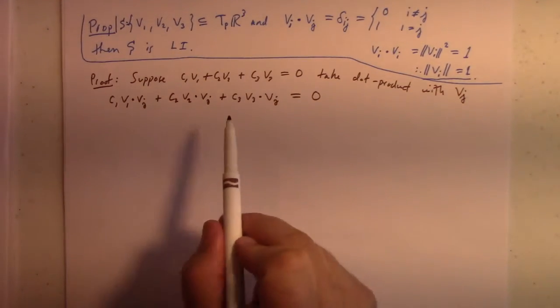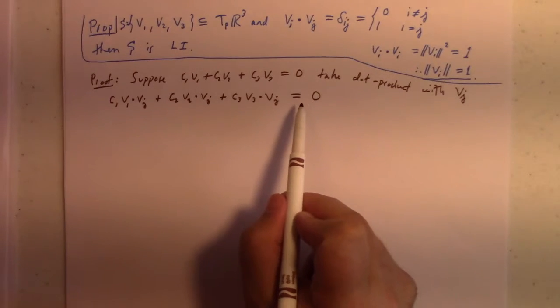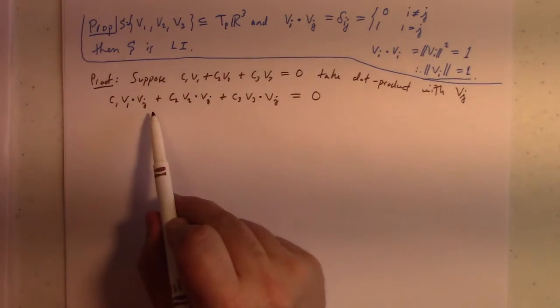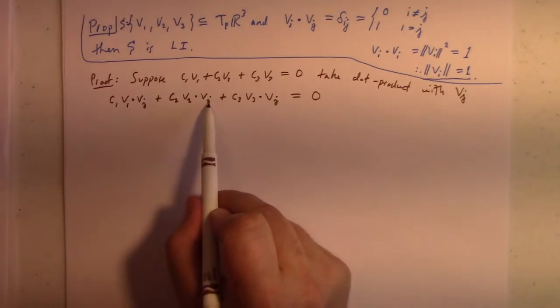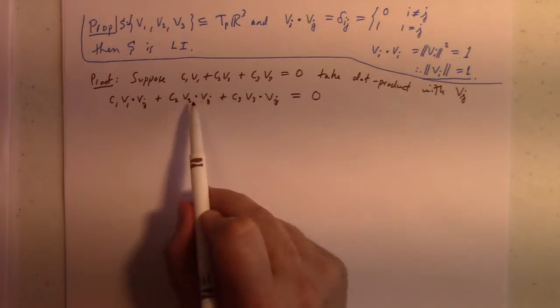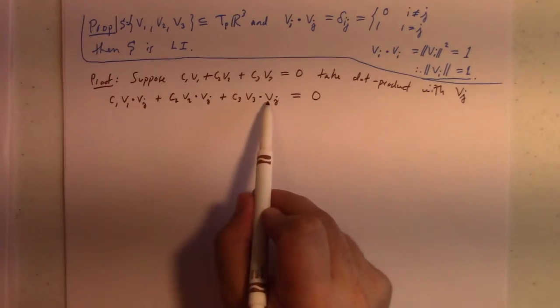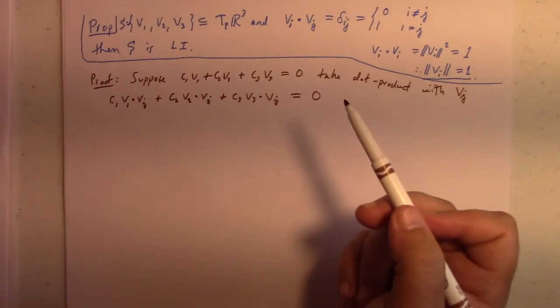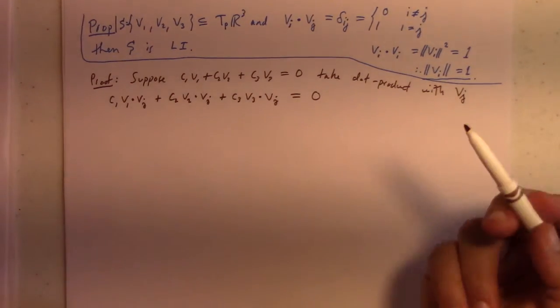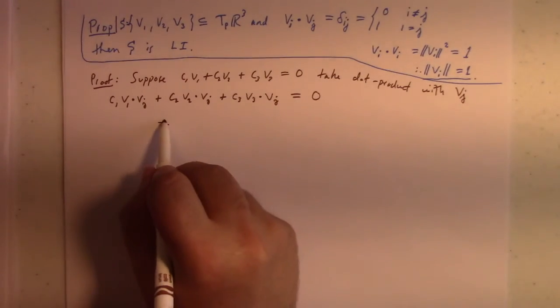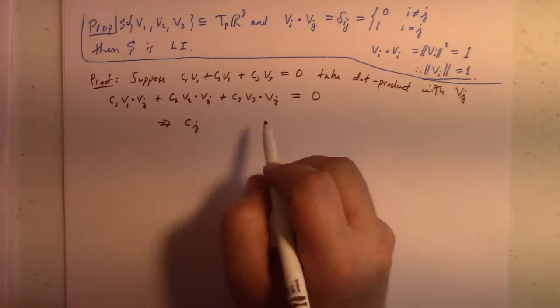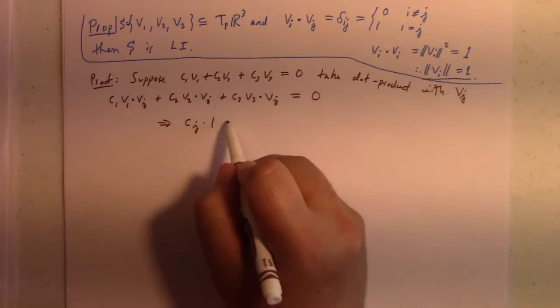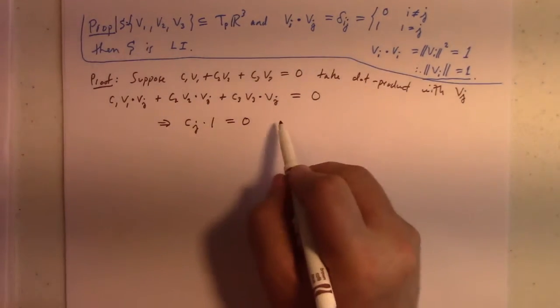All right, so there you go. Now, what survives here is only the case when j is equal to 1, or when j is equal to 2, or 3. J can't be everything at once. J is either 1, 2, or 3. So if you think about it, that implies what? That implies that Cj times 1 is equal to 0, right?